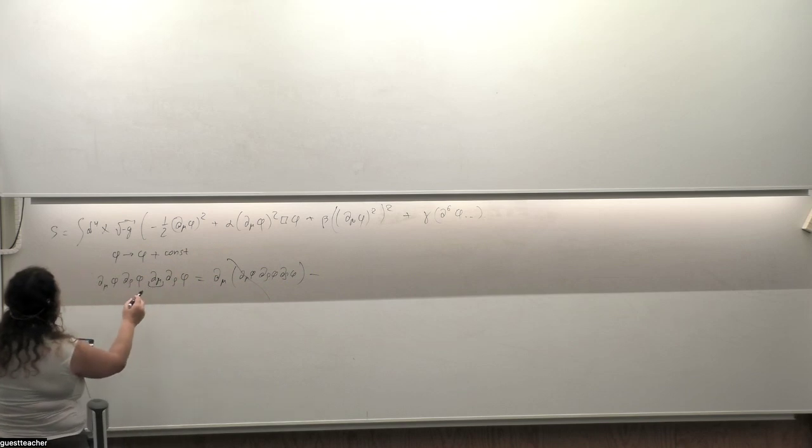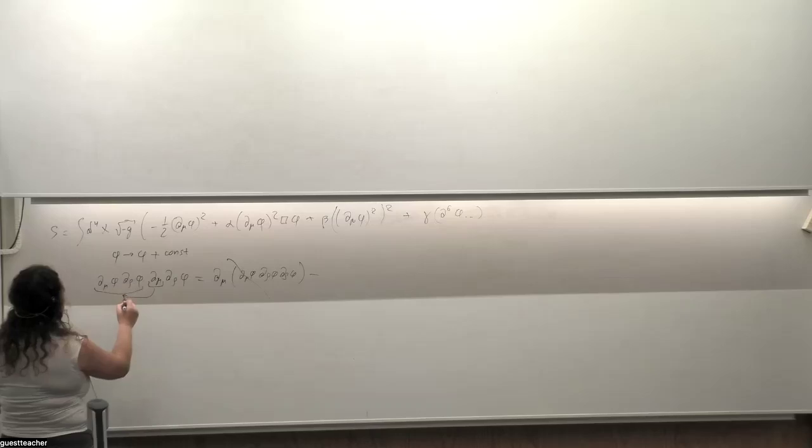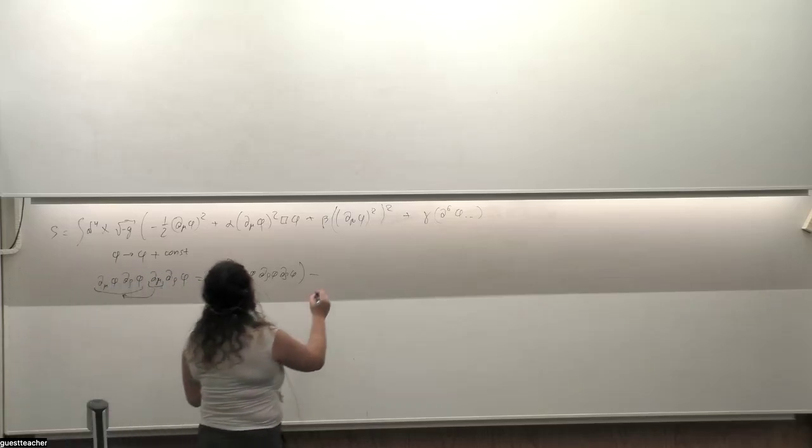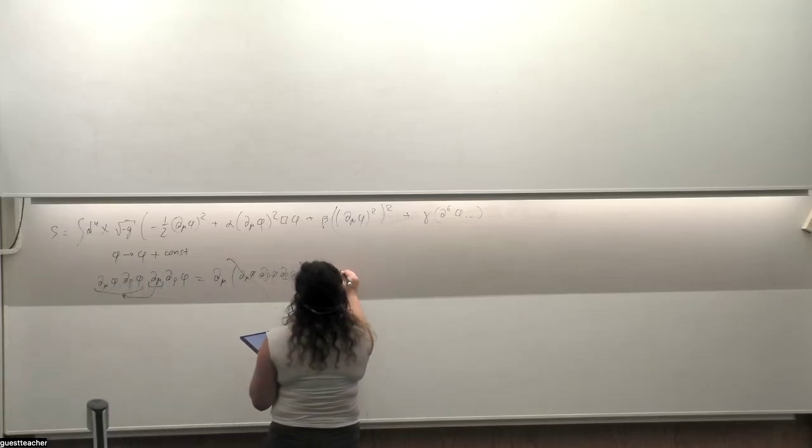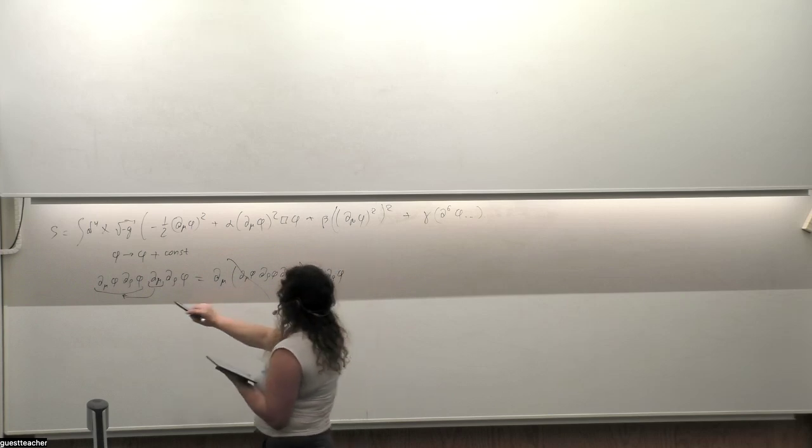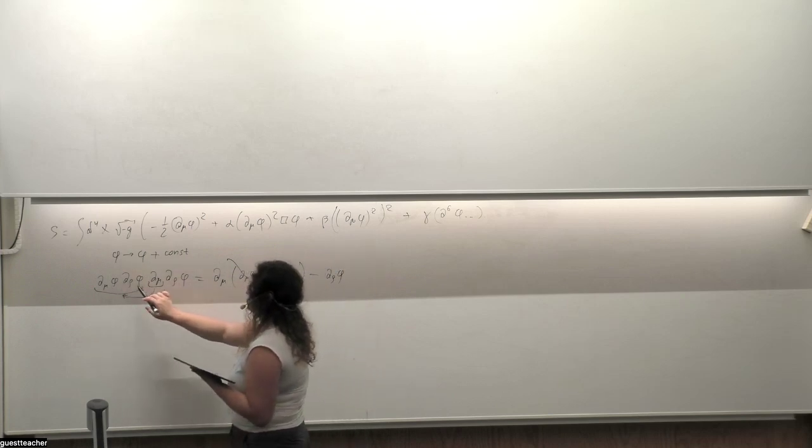Then d mu phi falls on all of this bracket. It goes to here. Minus d rho phi, and I have to differentiate this term and this term.